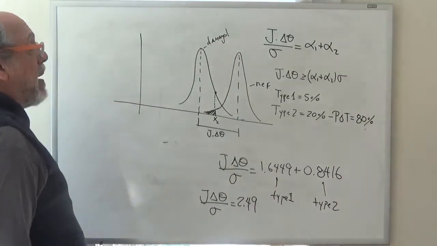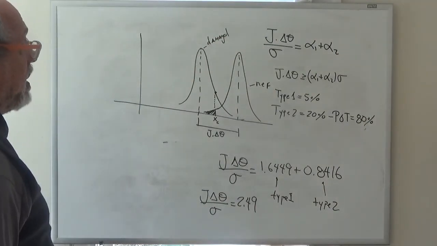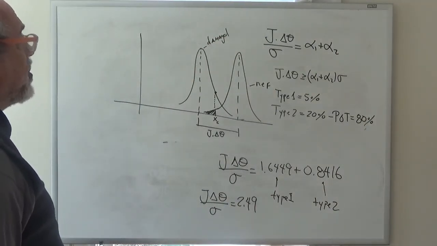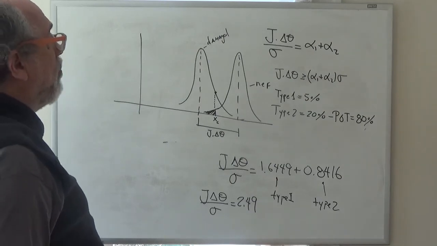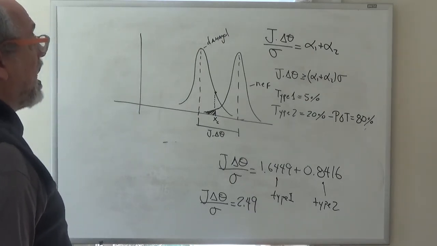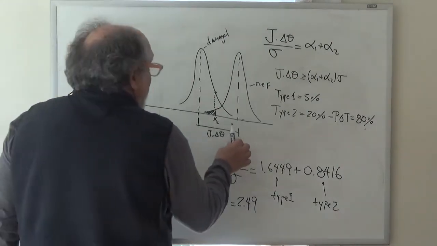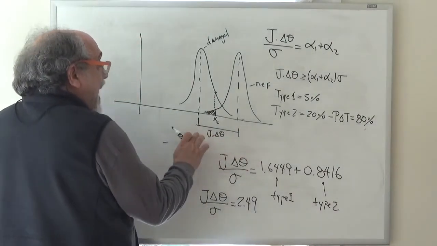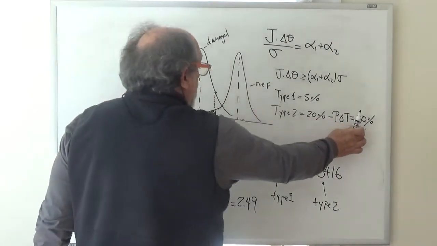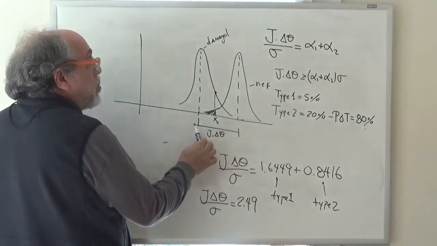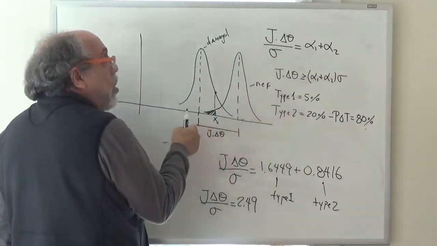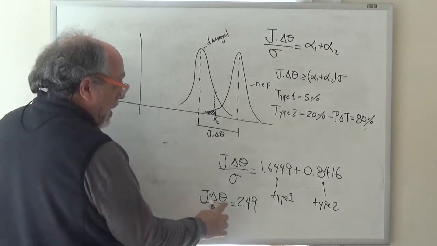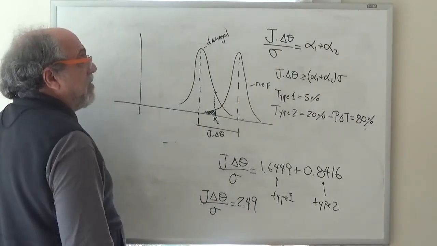So if we want to have a power of the test of 80% and we want to have only 5% probability of giving false positives, then the damage that we can detect with that kind of a power of the test has to produce a shift in the mean of no less than 2.5 times the standard deviation.